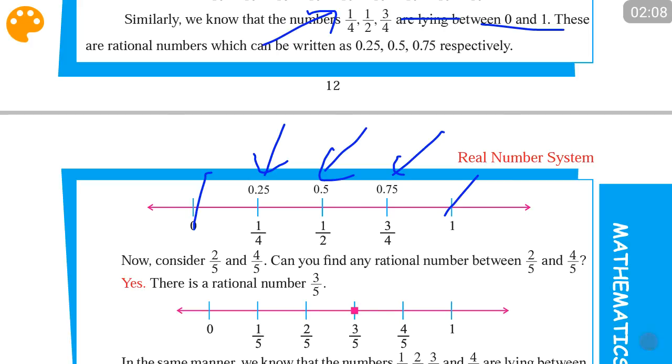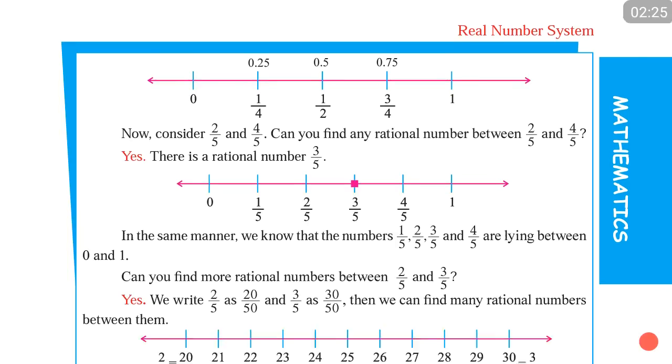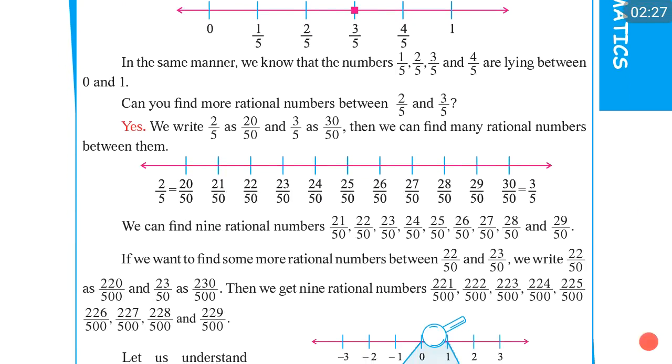Now between 2 by 5 and 4 by 5, can you find any rational number? Yes, we have 3 by 5, which is in between 2 by 5 and 4 by 5. In the same manner, we know that the numbers 1 by 5, 2 by 5, 3 by 5 and 4 by 5 are also lying between 0 and 1.